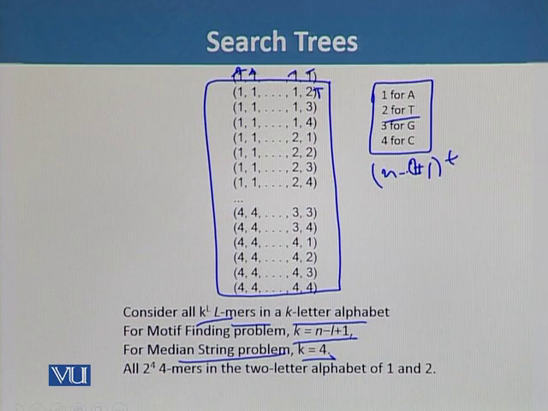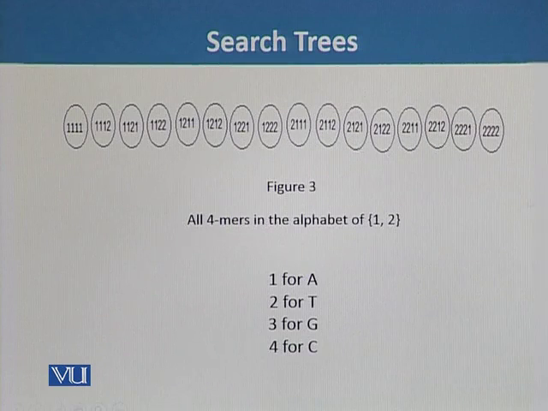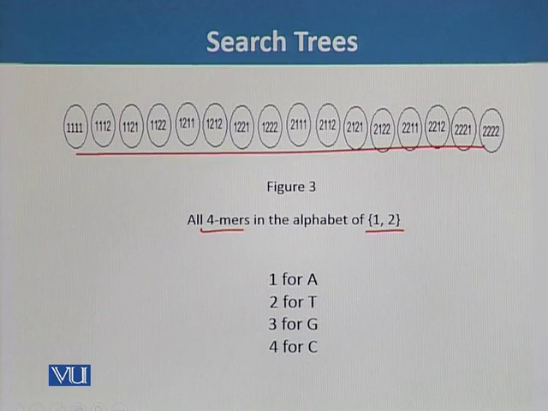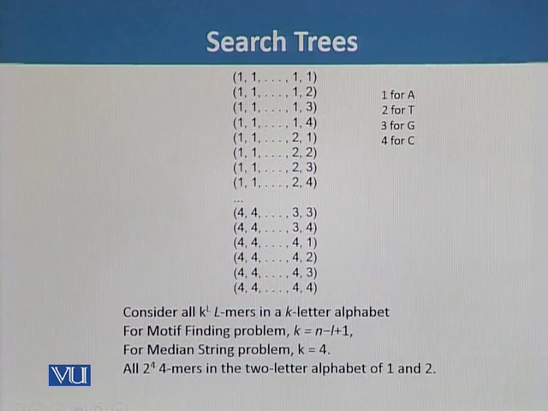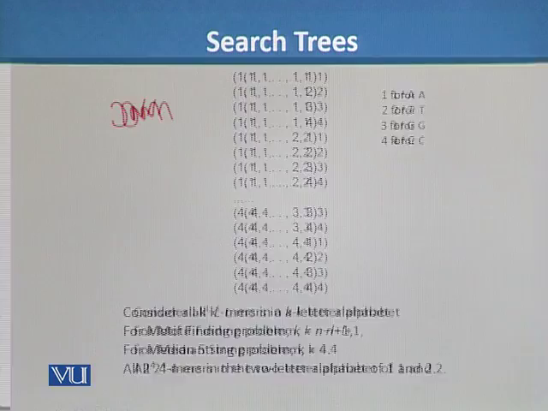So we can see in the last figure that we have calculated all 2 raised to power 4 mers in 2 alphabets. Here we have calculated the 4 mers in the 2 alphabets. So by using the same formula, we have calculated the different possibilities for DNA strings.